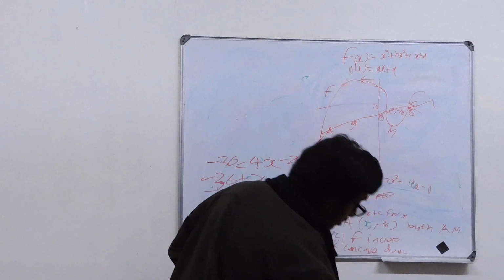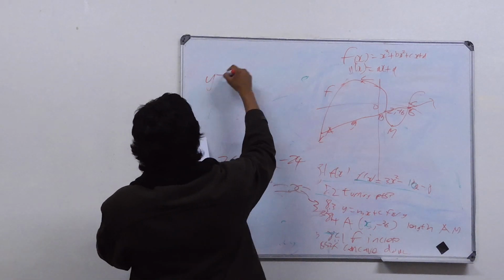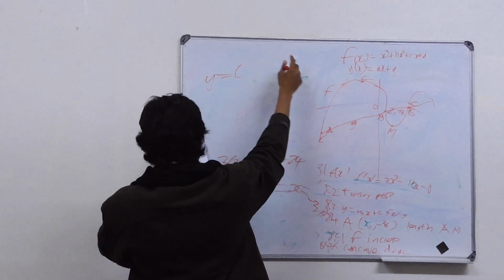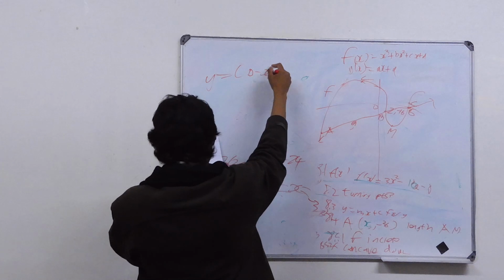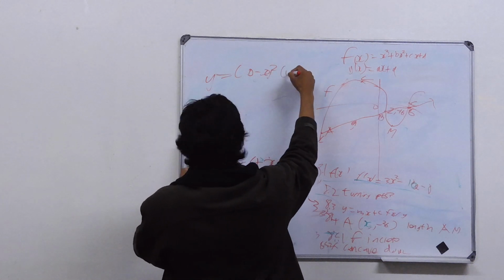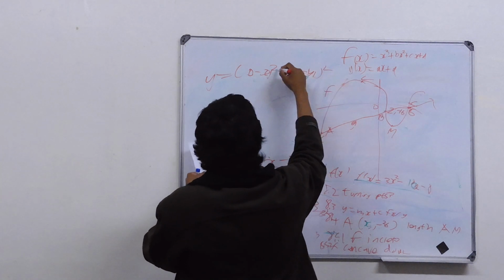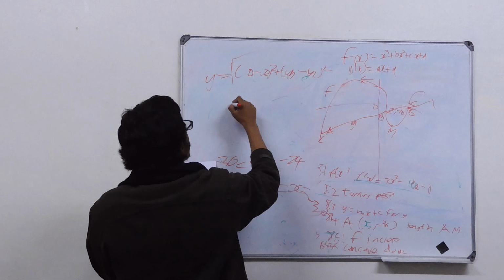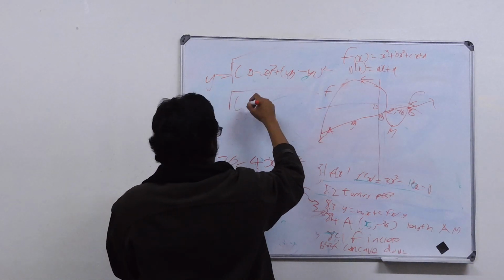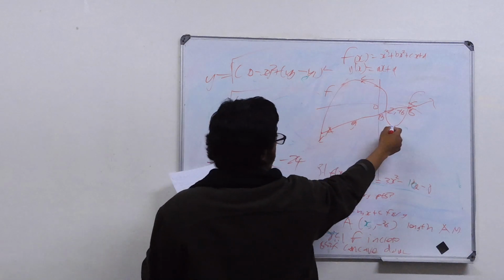Then we use the distance formula. The distance is equal to the square root of x2 minus x1 squared plus y2 minus y1 squared. So the x2 is our turning point.